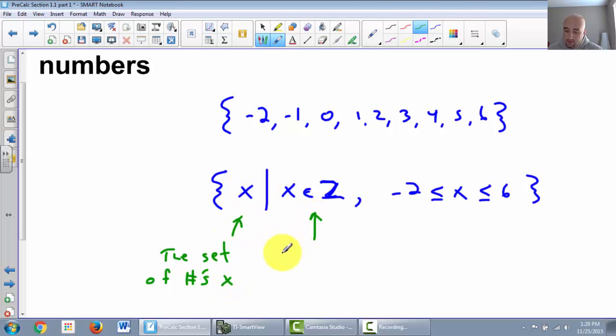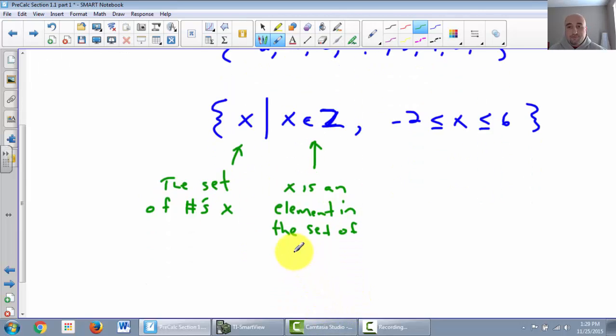And the x is in, so this ∈ means element. x is an element in the set of integers. Okay, so that's that part.